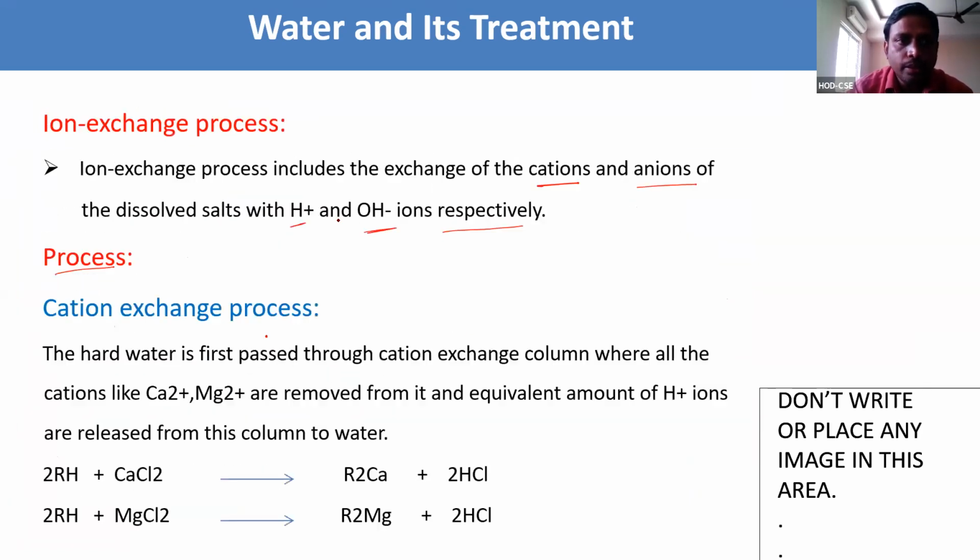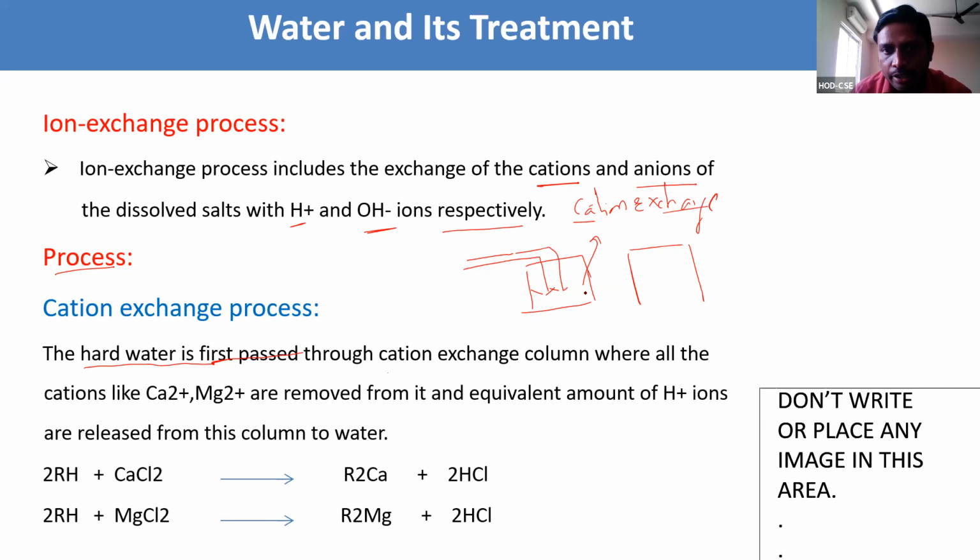Coming to the process, how the cation exchange takes place: first we pass the hot water through the cation exchange column. We have two chambers. The cation exchange column contains cation exchange resin.